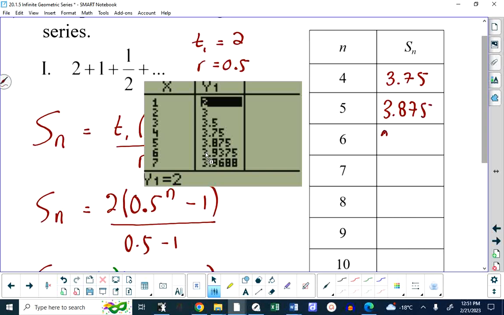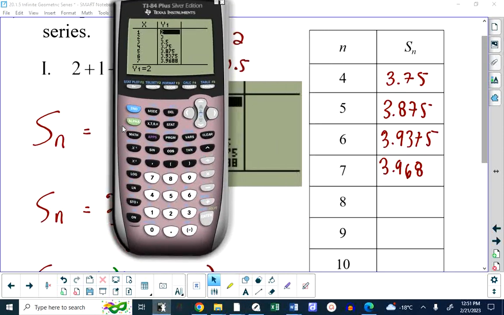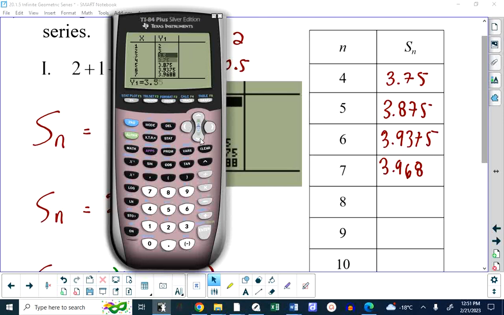Then 3.9375, 3.968. By the way, I suspect that S7 is not 3.9688. I suspect it's 3.96875. And if you want to see the details of these numbers, you can scroll down and highlight it, and you'll see that there are other decimals that we're not seeing.